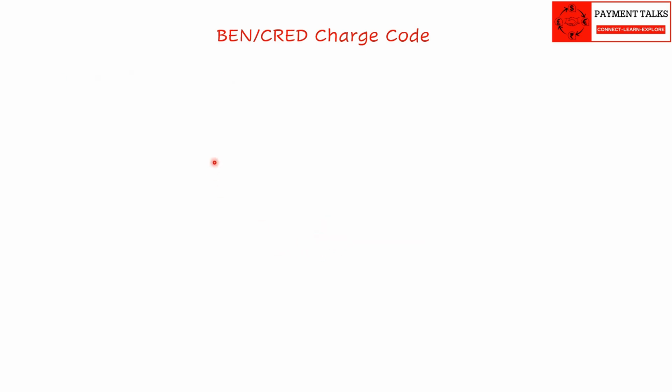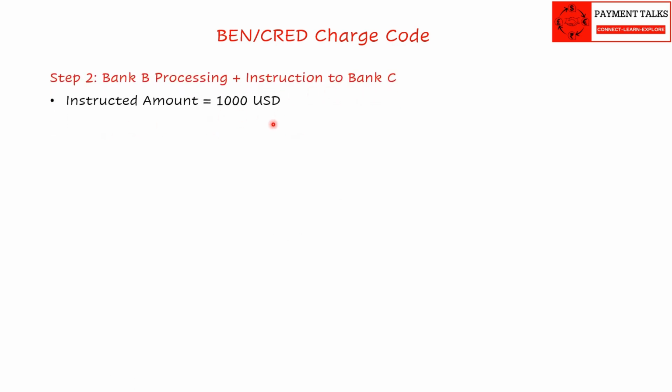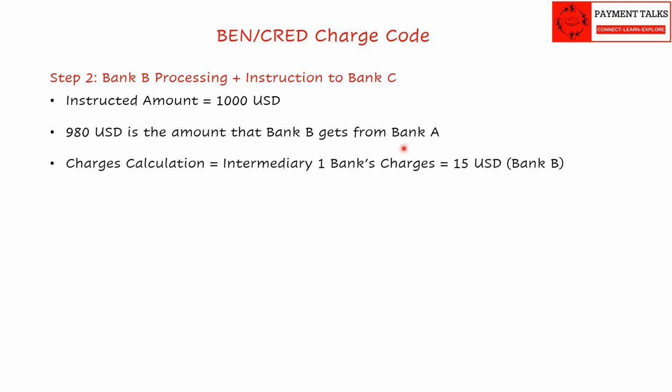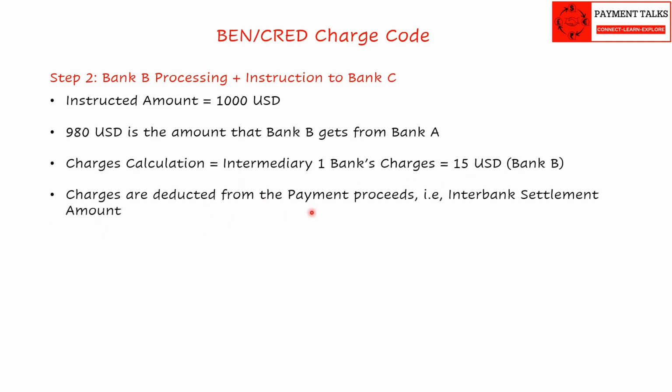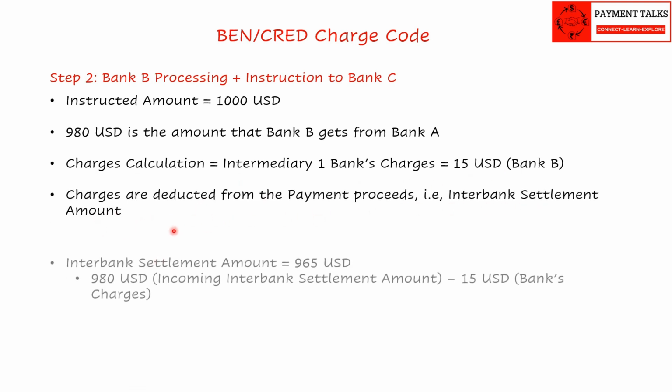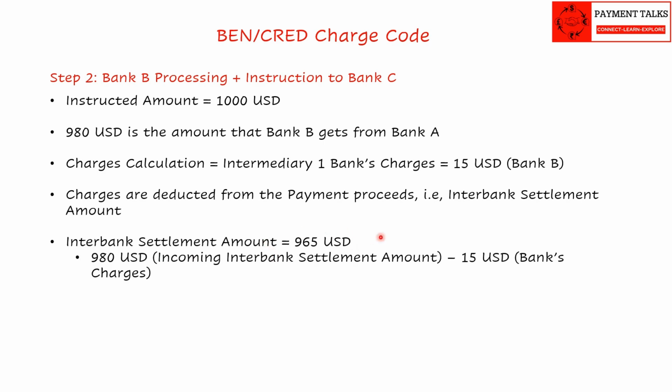Bank B receives the payment with instructed amount as 1000 USD, interbank settlement as 980 USD, and charge code as BEN or CRED. Bank B also deducts its charges from the payment proceeds. It will then calculate the new interbank settlement as 965 USD, which is 980 USD minus 15 USD, Bank B's charges.